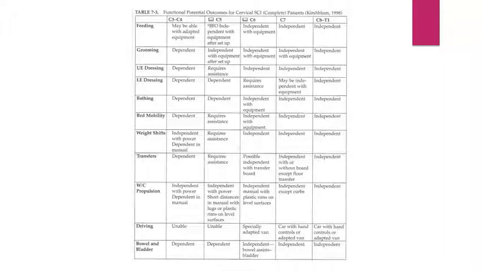So the reason I went through that is to show you how these patients will function and to emphasize how independent they can be with just a little bit of function. So if you have a paraplegia where you have full arm strength, you're independent. So any thoracic or lumbar injury can be completely independent.